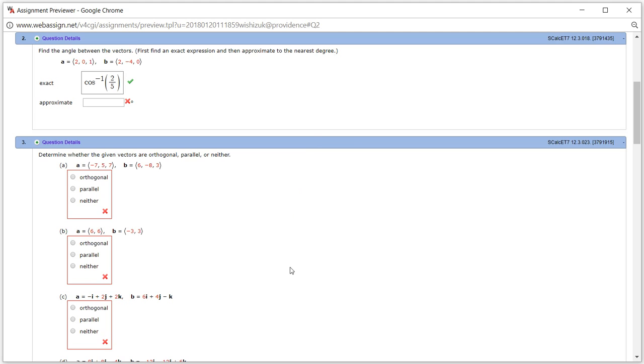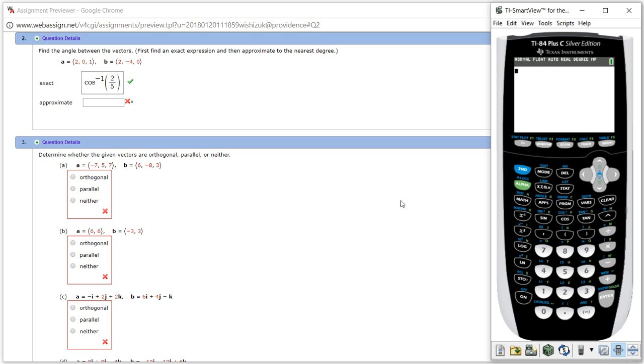So I'm going to pull up a graphing calculator here. Since they're looking for the angle in degrees, I'm going to go to mode first. I'm going to make sure that it's on radian and degree, and I make sure to highlight the degree, and then quit to get out.